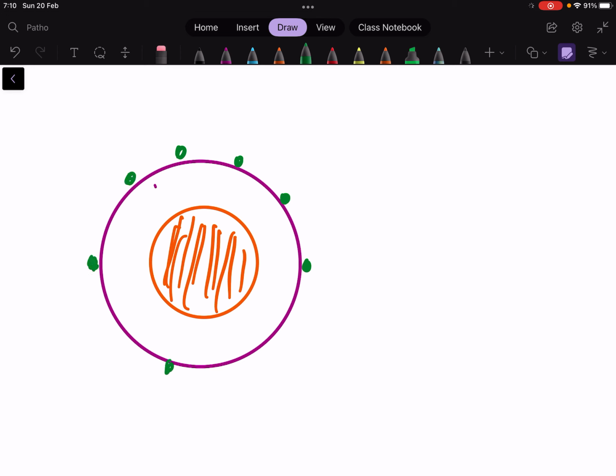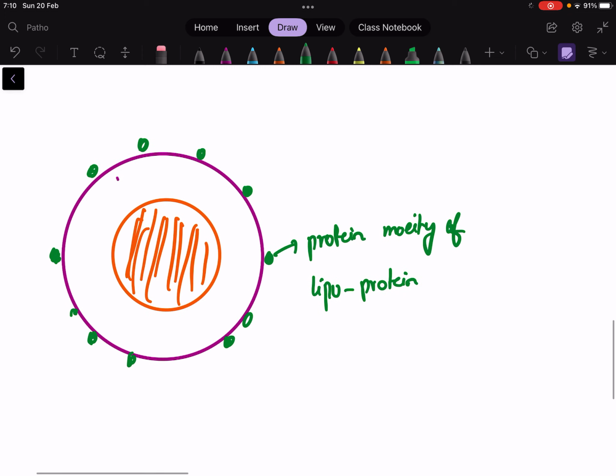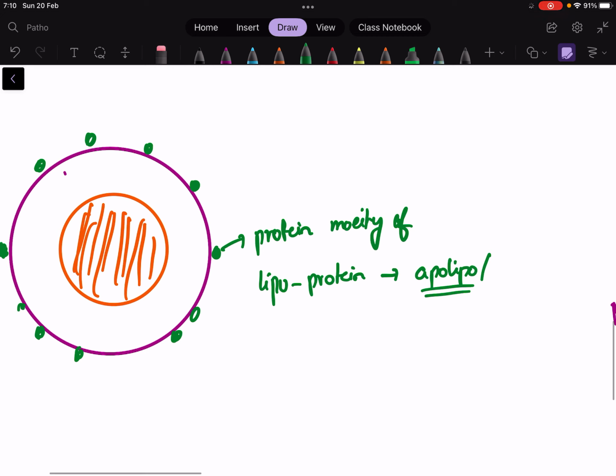The outer protein shell contains a protein moiety of a lipoprotein, the entire complex is called a lipoprotein, right? And the protein moiety of this lipoprotein is called your apolipoprotein, or we can simply call them apoproteins.